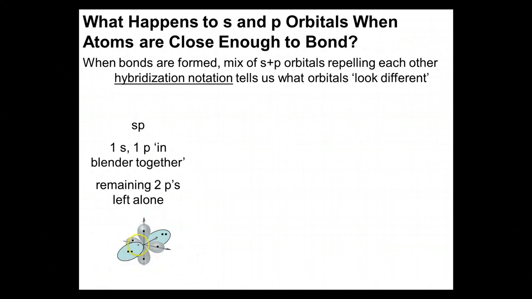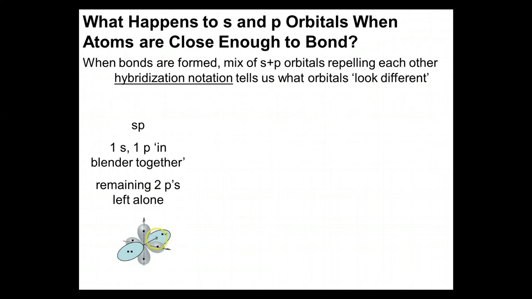Notice though, whenever we drew bonds, we said a bond was a region of space where 2 electrons were really localized. Here's another region of space where 2 electrons are really localized. Notice that these are going to be 2 bonds that are spread out at 180 degrees in a straight line. We can start to see the basis of some geometry starting to happen.